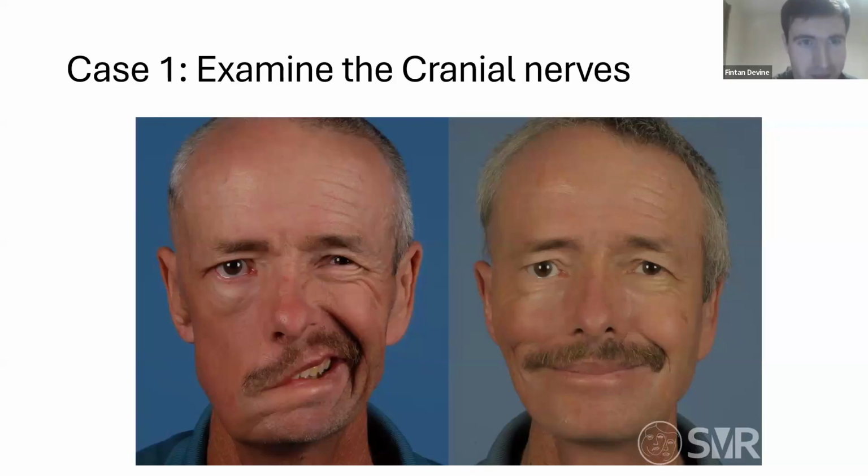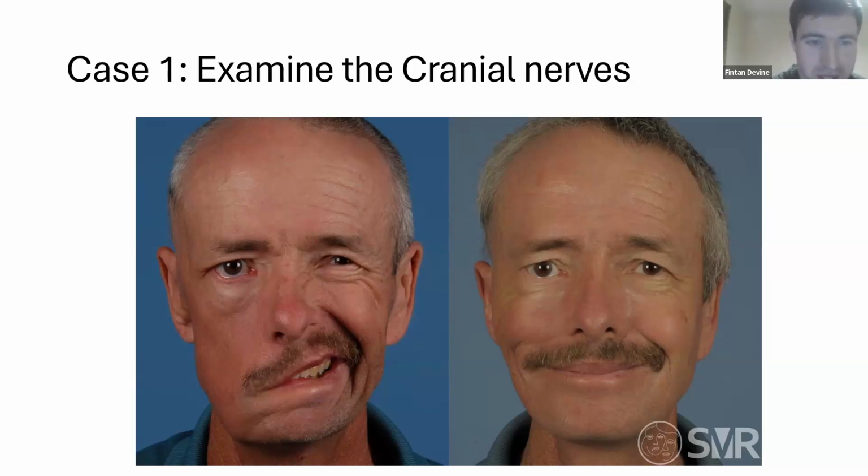So putting these examination findings together, he would have some kind of lesion that's causing weakness and loss of sensation affecting the right side of his face and his shoulder.